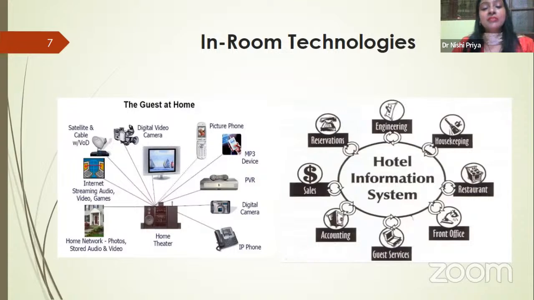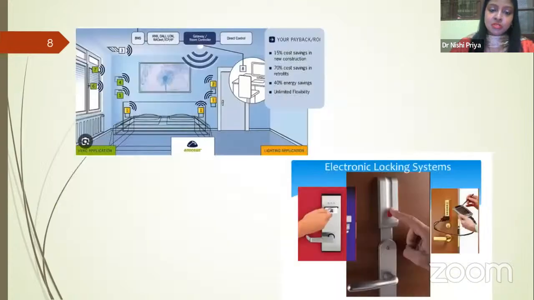So if we have networking between two systems but we are not able to see the fed data at the same point in time, that is because the property management system is not updated, or in-room technologies are not chipped with the HIS. Once HIS or property management systems are chipped, networked, or collaborated with the system, it will then be called fully technology-based hospitality.